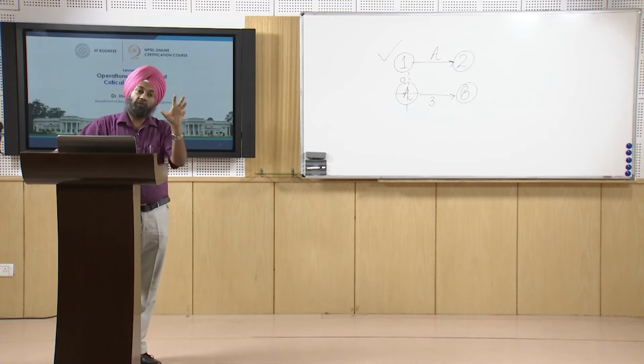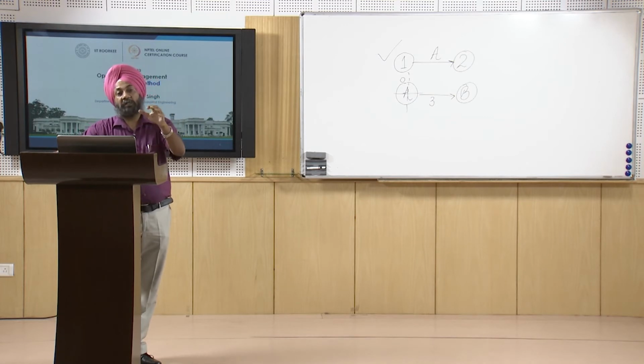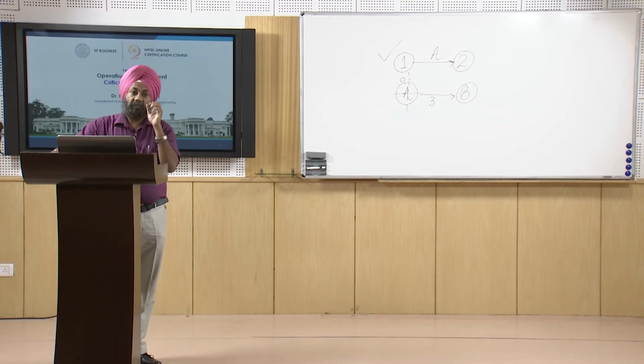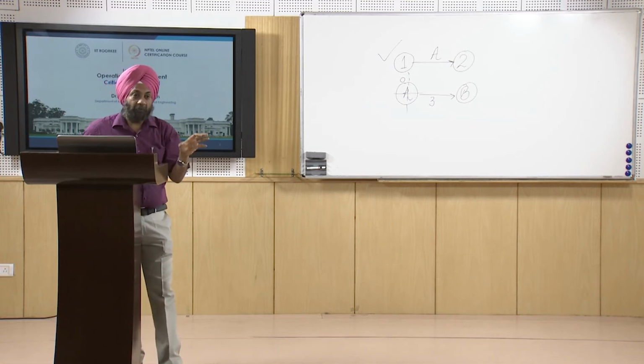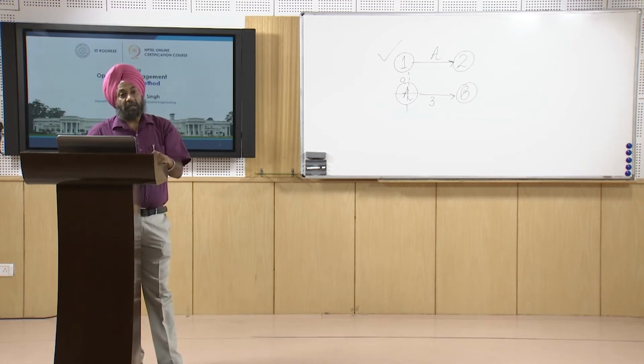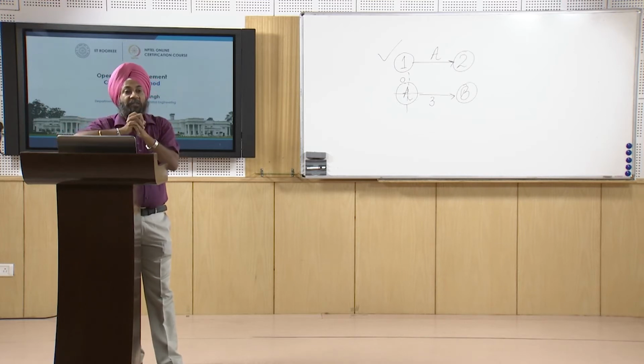The total project may be divided into 8, 10, 15 or 20 activities, each of which will require some time, some resources, some manpower for its completion, and the combination of these activities will result in the completion of the project.